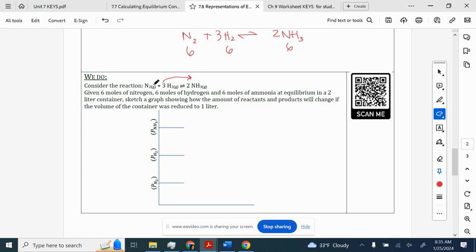So it's going to take 4 moles and make 2 moles out of it, so it takes up less space. That means that we're going to be using up this, and we're going to be making this.